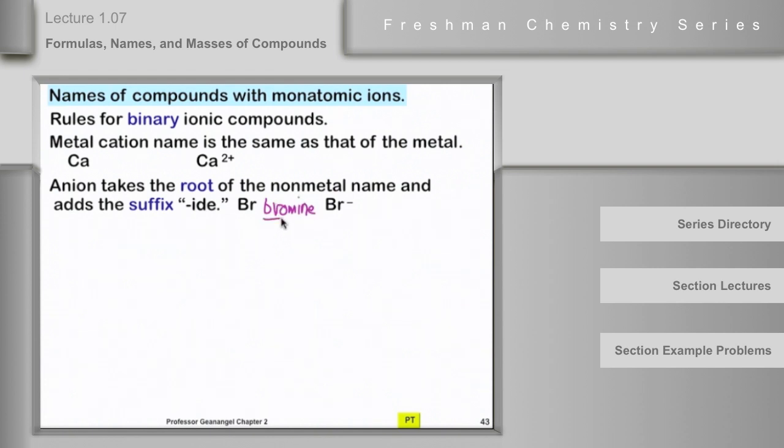We take the root, which is brom, and we add the IDE ending, and we get bromide. So the name for the ionic compound that contains calcium and bromine is, name the cation first, calcium, and then the anion, bromide.